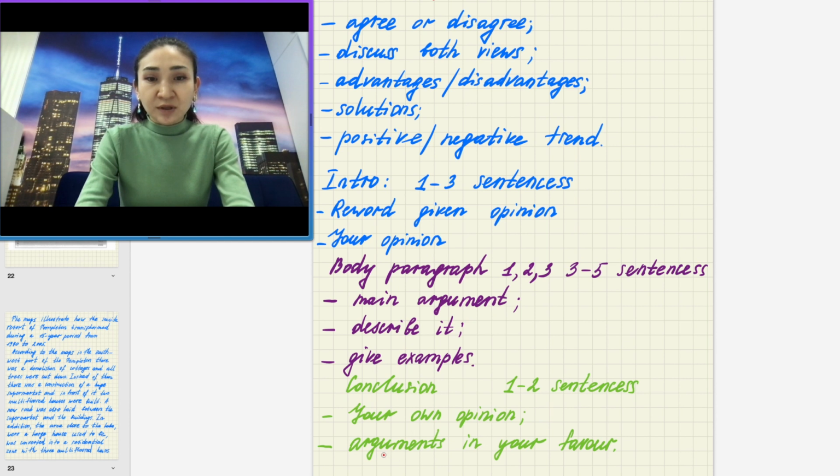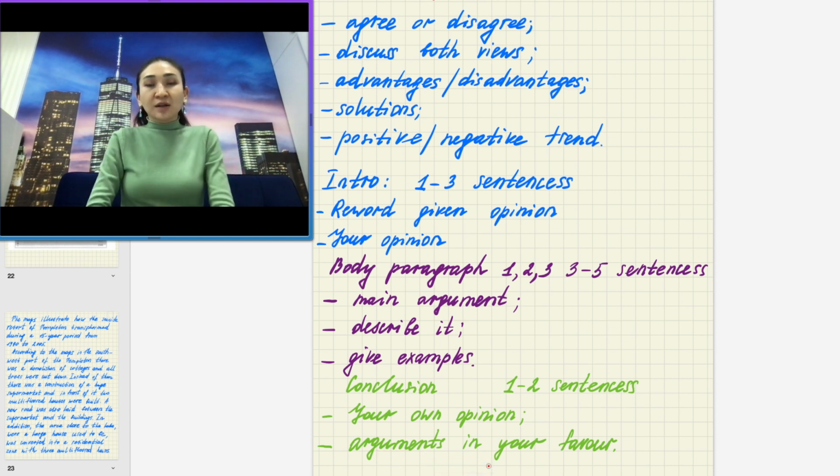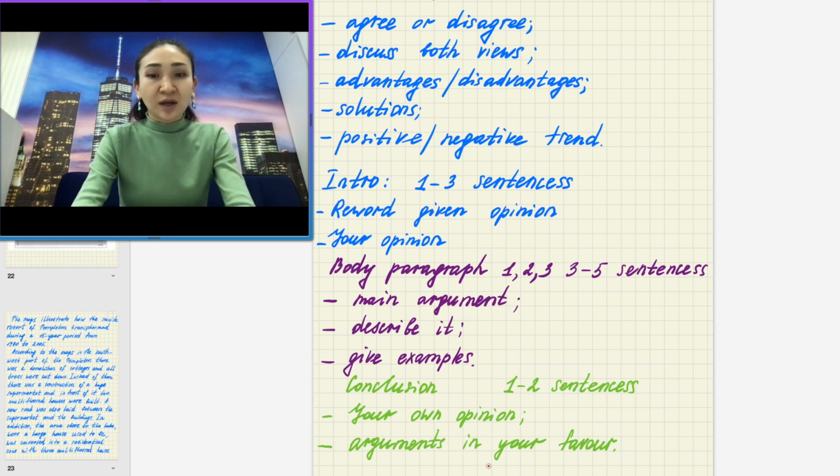So further, arguments in your favor. You have to list all of the arguments which basically prove that you agree with that topic or not. It's going to help you to make a conclusion of your opinion in your task.